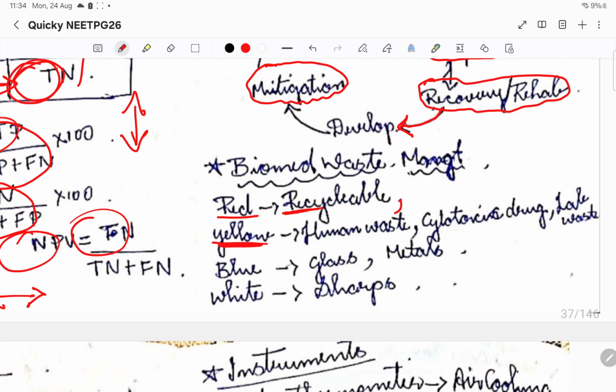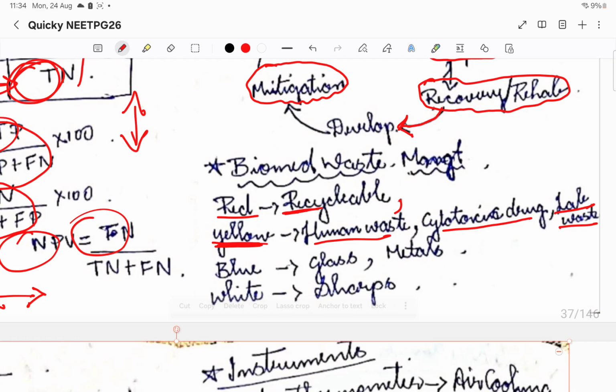That is why they are putting it in yellow. But remember, elsewhere they are giving it red. Please, we are going to put the blood bag in yellow. So remember, yellow is human waste, cytotoxic drugs, lab wastes, all these things, and including the blood bag. It is the only exception with respect to recyclable things. The blood bag is also recyclable, but they are putting it in yellow, so that is the only confusion that we have.